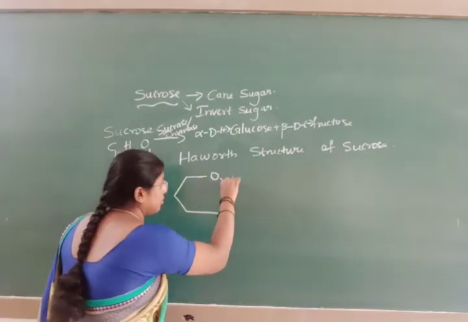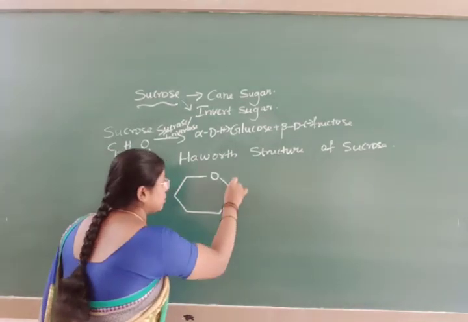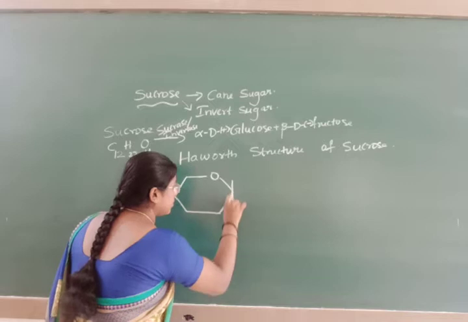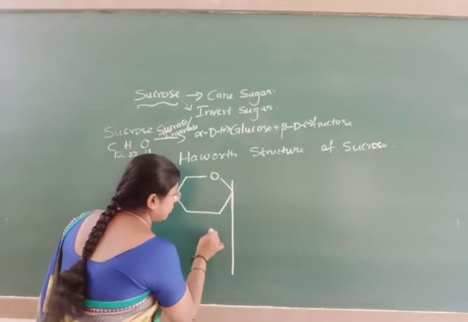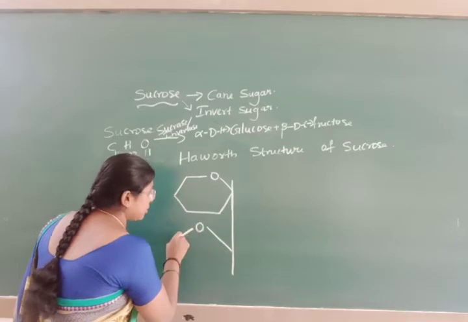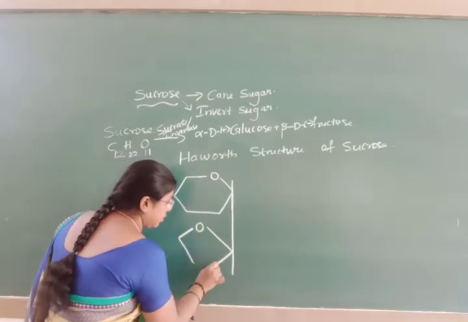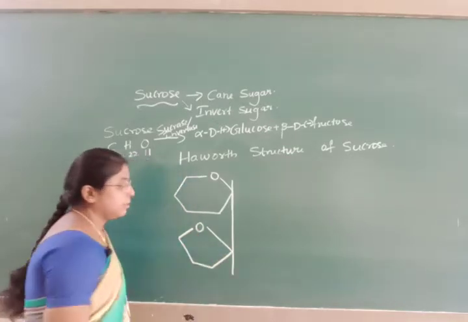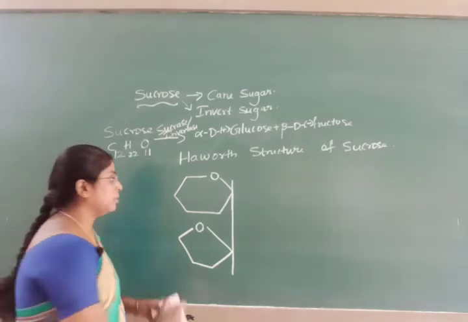Below we write the structure for fructose. Fructose has a furanose structure, a 5-membered structure.